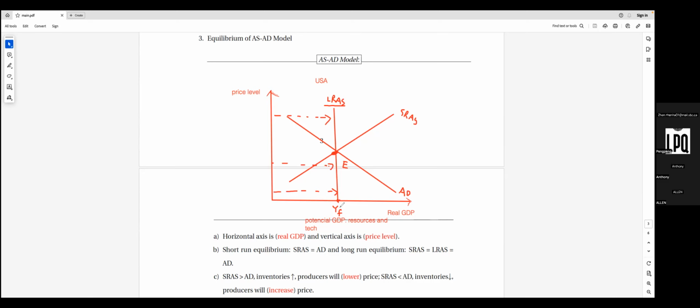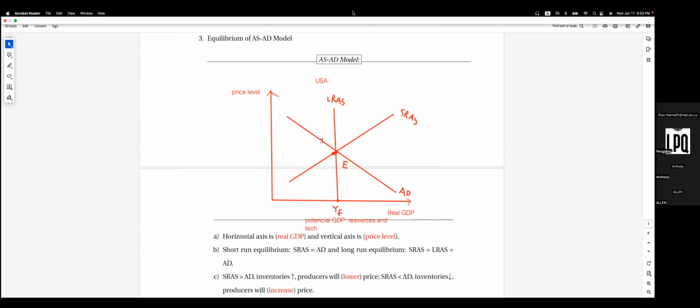The potential GDP is still here because we didn't mention any change in resources or technology. So once again, long-run AS is vertical. It intersects with the horizontal line at YF, and YF is called potential GDP. Potential GDP is determined by resources and technology and has no relationship with the price level.